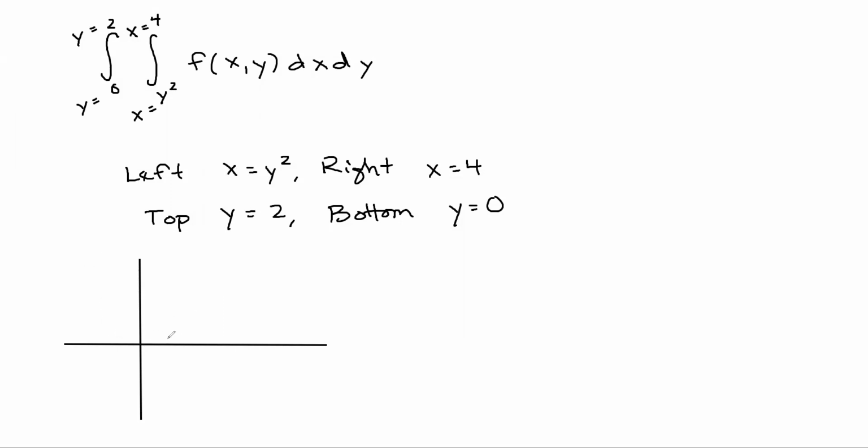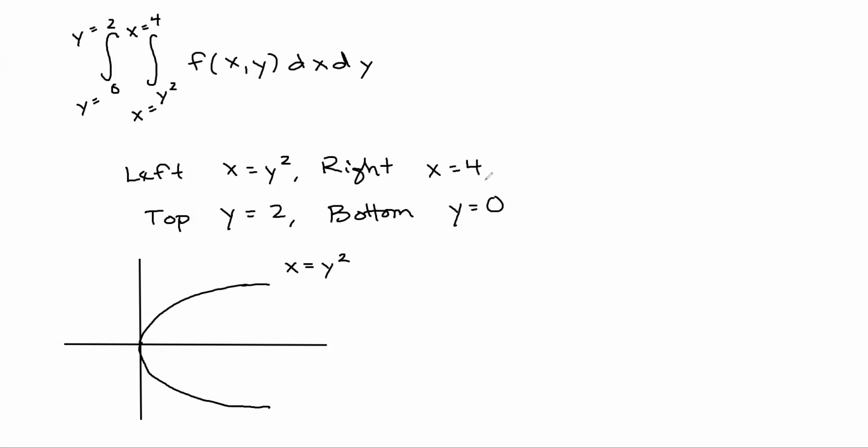Then take that same picture, and everything you do up, you do to the right instead. It's the same as reflecting across the line y equals x. So we'll get that graph. All right, so that's x equals y squared.